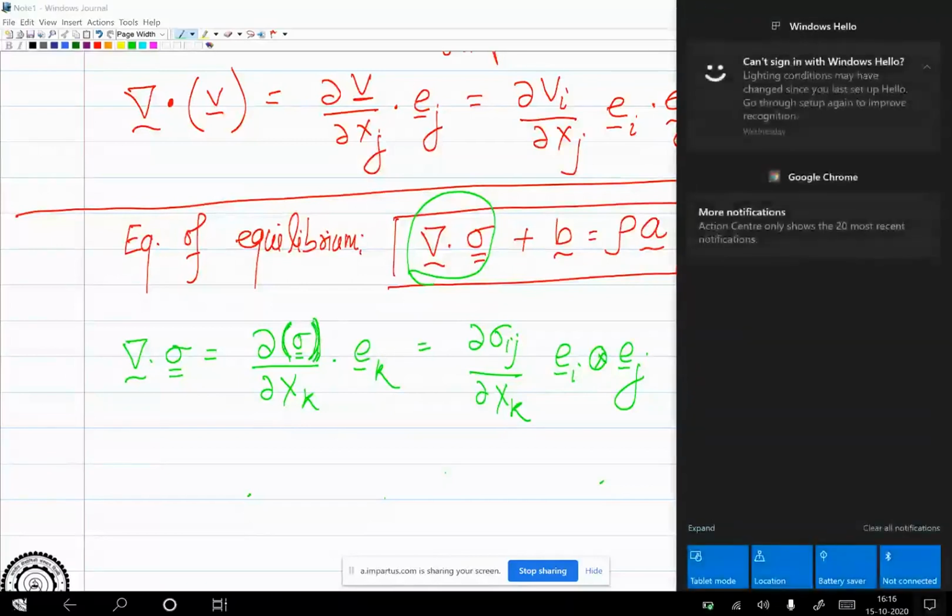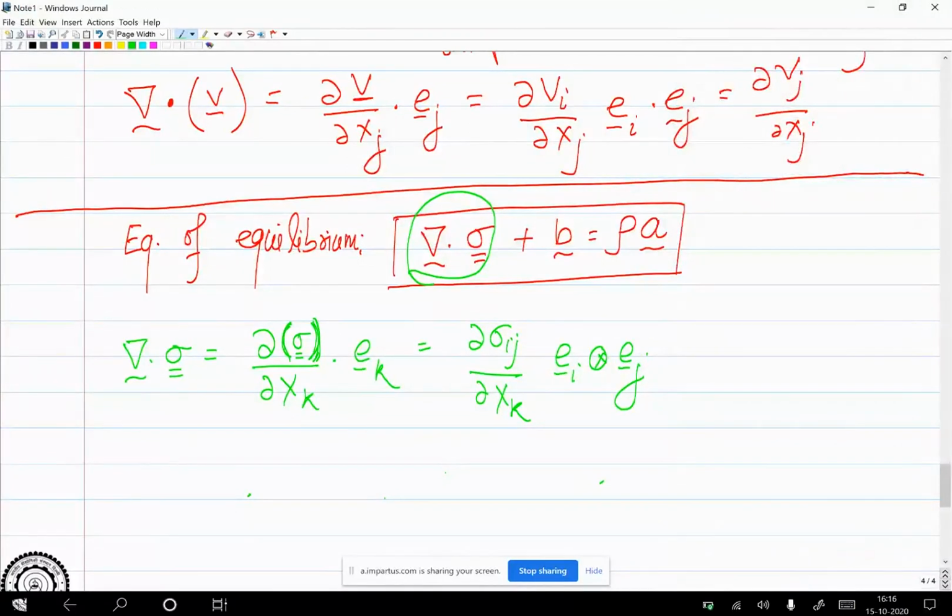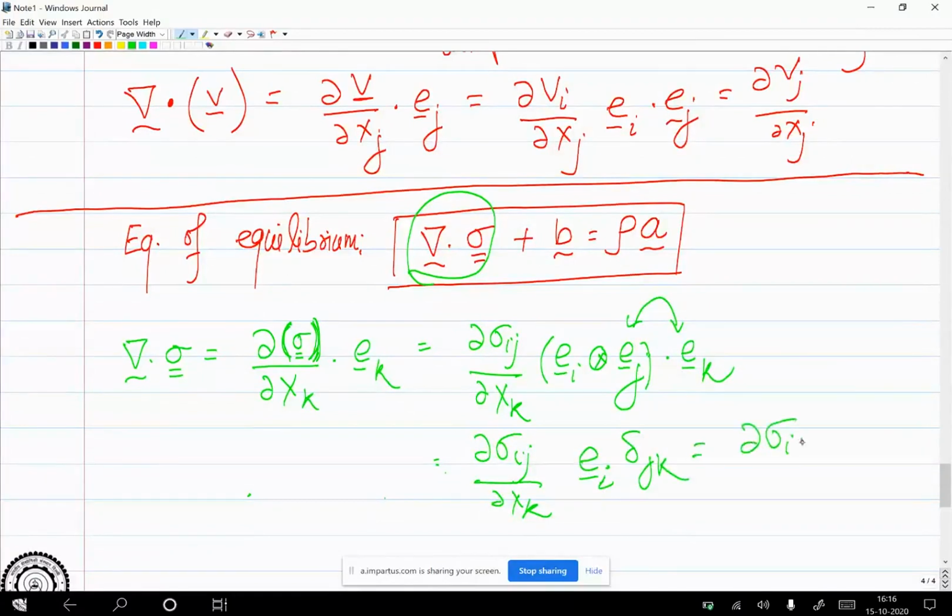Anyway, right now we are focusing on the Cartesian coordinate system. So this has to be dotted with ek. It becomes del sigma ij over del xk, and the dot acts on the extreme right basis vector, so ei delta jk, which is del sigma ik over del xk ei.